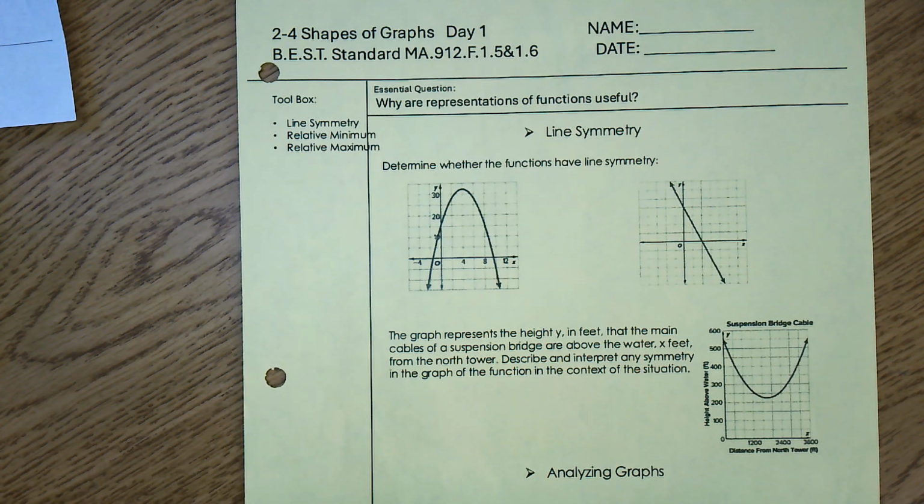All right, so we are talking about lines of symmetry, and we are going to determine whether the function has a line of symmetry or not. First we have to know what a line of symmetry is.